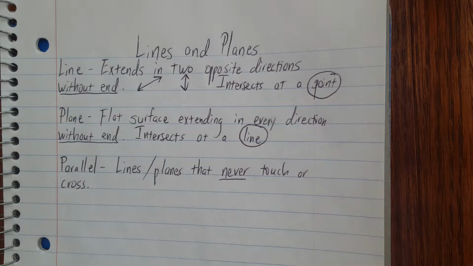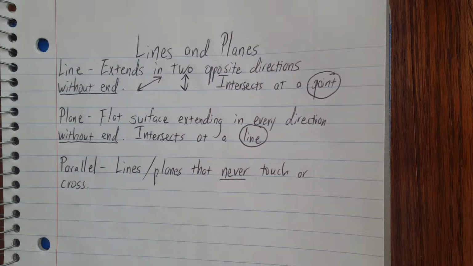Okay, so another important concept in geometry is this idea of parallel. And really what parallel means is lines, and it could be planes as well, that never touch, they never cross, they never meet at all. Now in math there's a way to symbolize parallel, and you're going to see this a lot in geometry.